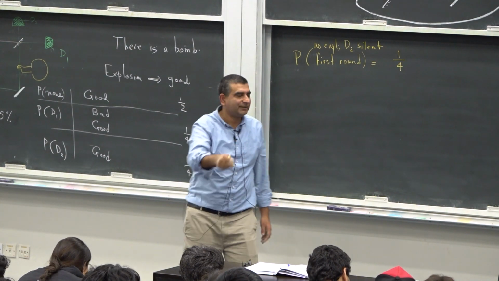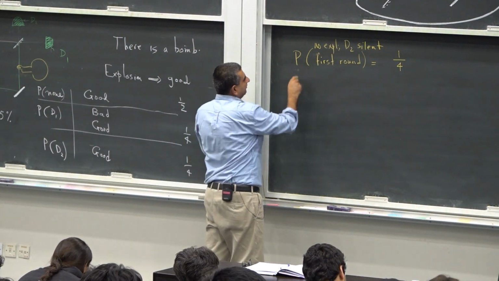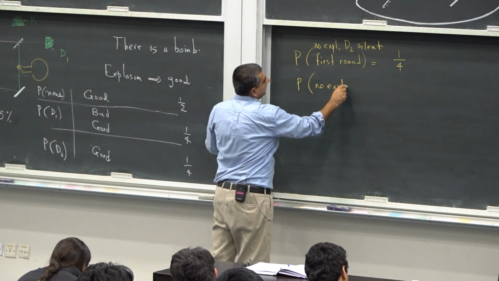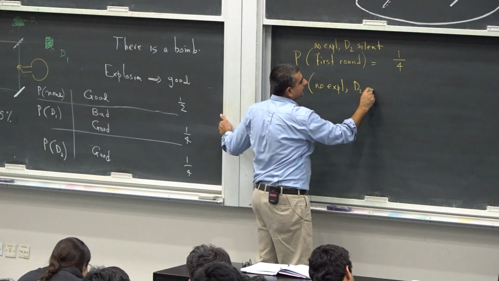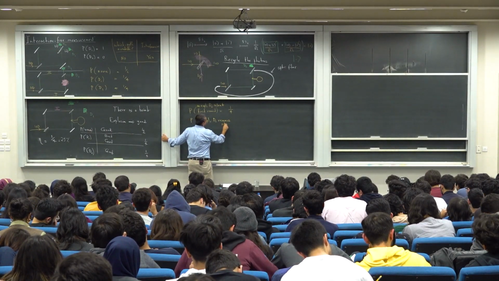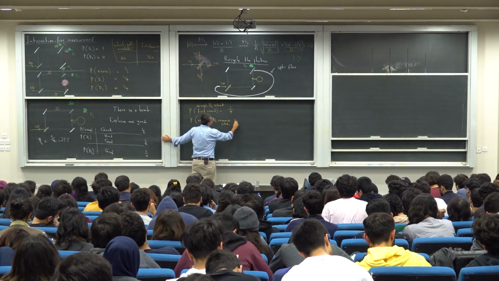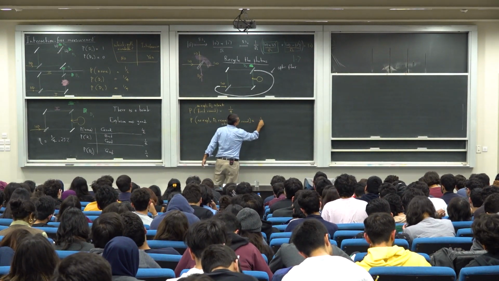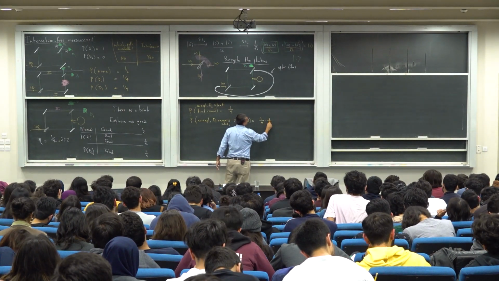Got it? So the probability that no explosion and D2 remains silent in the second round is 1 by 4 into 1 by 4.